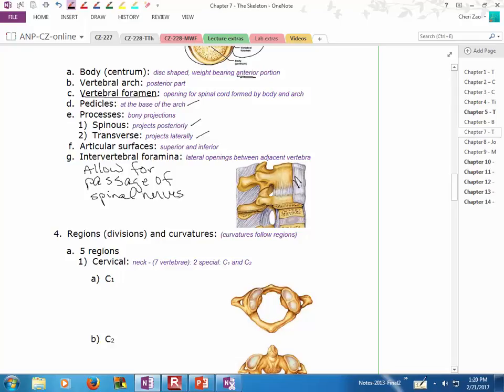So here's our anterior longitudinal ligament, and back here is our posterior longitudinal ligament. And this is our intervertebral foramina here, and obviously up here. We have our superior articular process right here and right here.